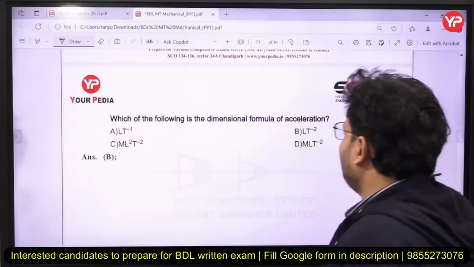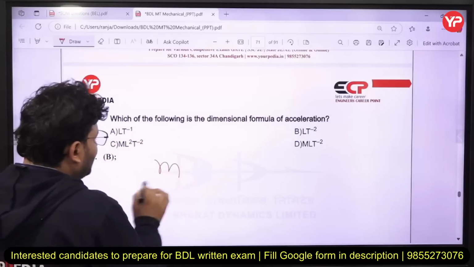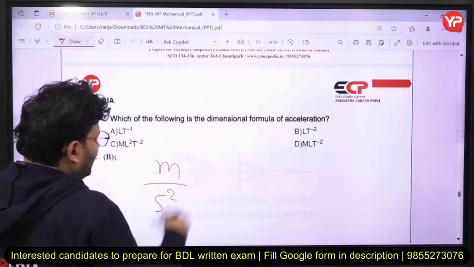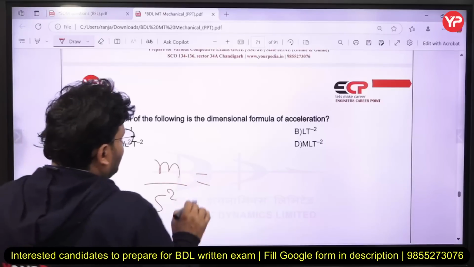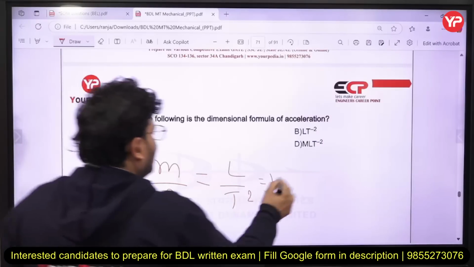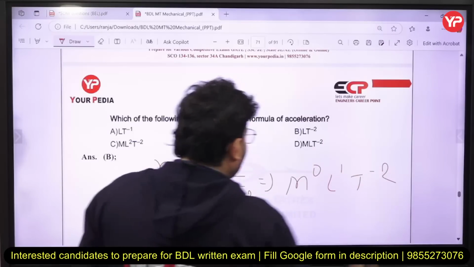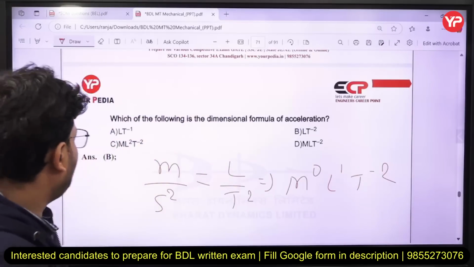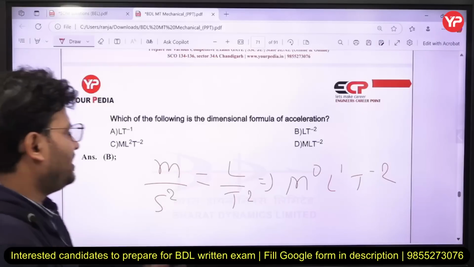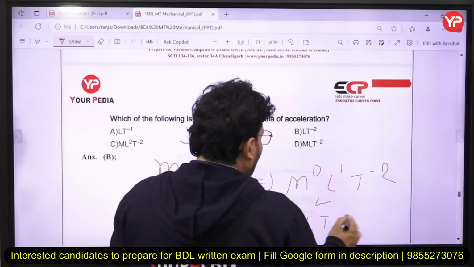Next, which of the following is the dimension formula of acceleration? What is the unit of acceleration? Meter per second squared. So we can say L T to the power minus 2. Simply we can say M to the power 0, L to the power 1, T to the power minus 2.